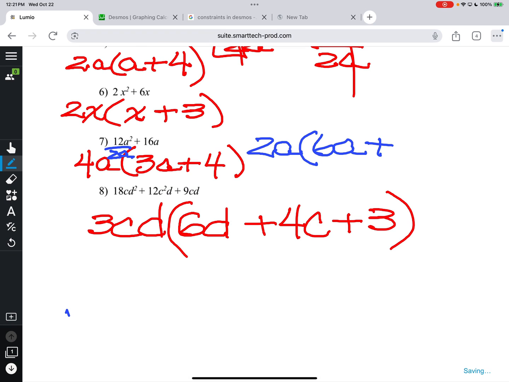And then you would divide 16A by 2A and you would end up with 8. Look at your left behind. 6A plus 8, they still share factors. They're both even. And 2 goes into all even numbers.